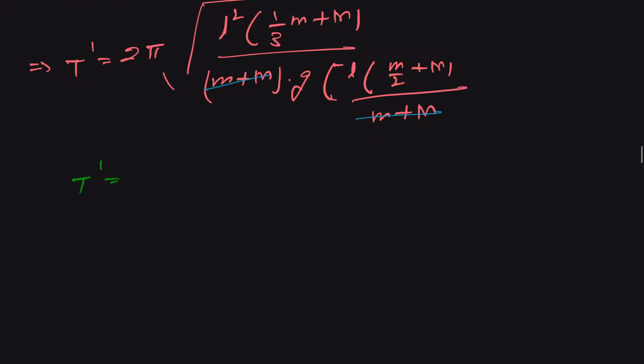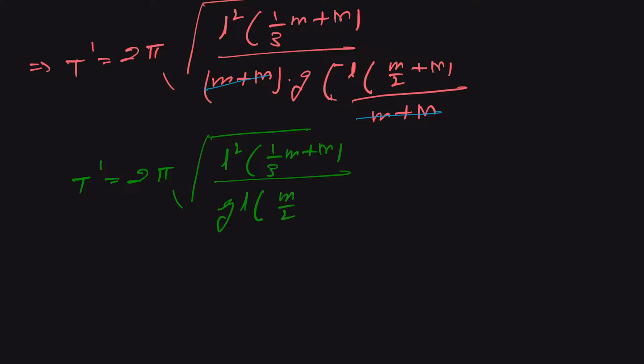So T prime is equal to 2 pi times the square root of L square (1 by 3 m plus capital M) over g L (m by 2 plus capital M).